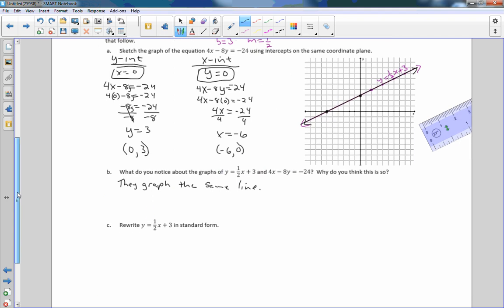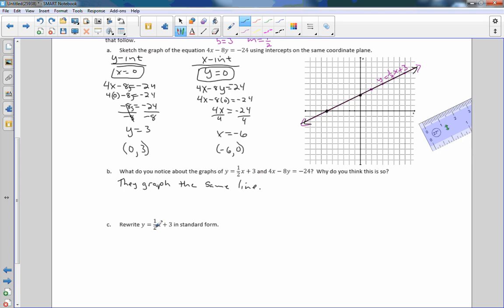So now it's asking us to rewrite y equals 1/2 x plus 3 in standard form, and we need to move this x out in front, so it says ax plus by equals c. So I'm going to subtract 1/2 x from both sides. So I have negative 1/2 x plus y equals 1/2 x minus 1/2 x is 0 plus 3, or simply 3. So I have this ax plus by equals c, but a is negative and there is a fraction in here, so I don't want either.